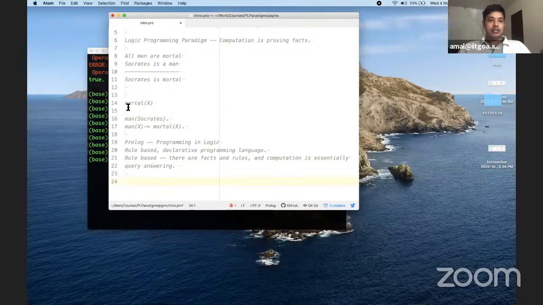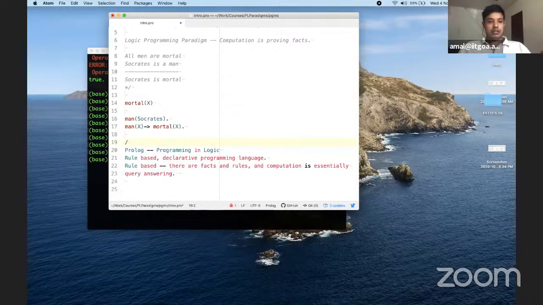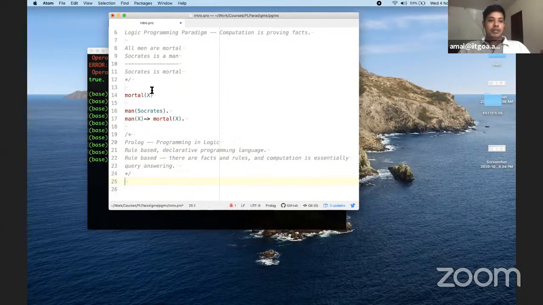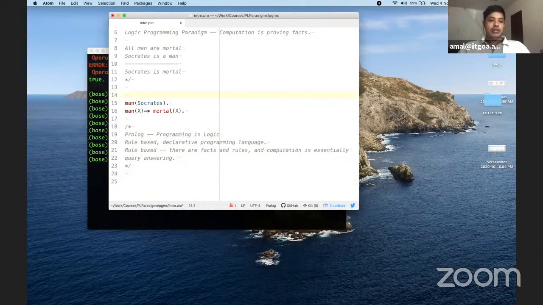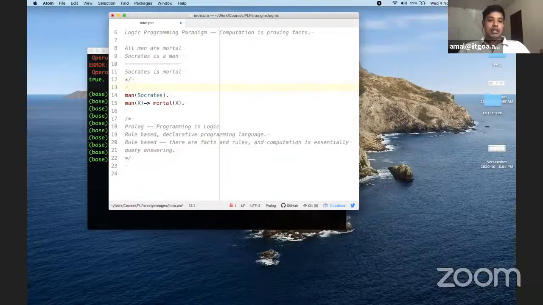So these are my rules. It's a fact, man of Socrates, and man of X. In Prolog, you will write it the other way.